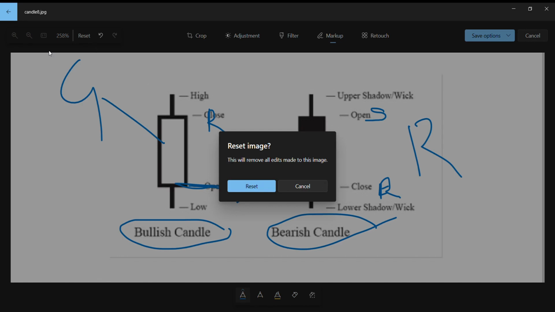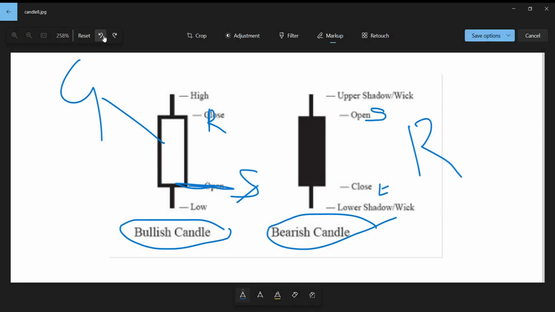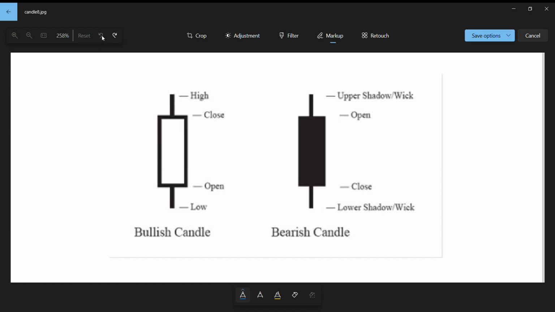Hold on, don't close. Let me take it back because I don't want to lose anything here. Now, this is what I'm trying to say. When you have support, let me go and draw it on a fresh line.